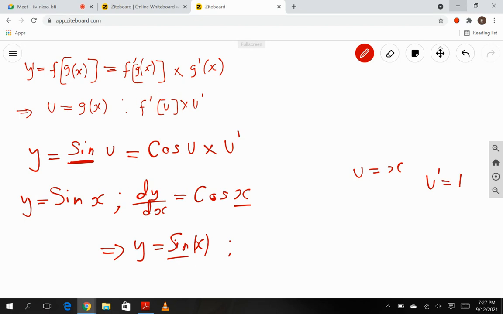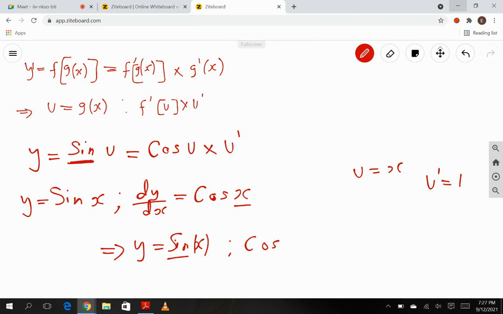So differentiating what's outside, sine becomes cos, right? And remember, what's inside remains the same. So that's cos x. Or if you want, you can use u right now, then we'll substitute later on.